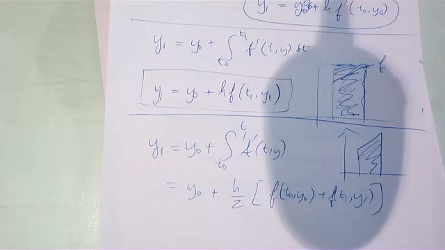Okay? So now the Euler method and the trapezoidal method, which one is more accurate in your opinion? Trapezoidal, right? Why? It looks better.